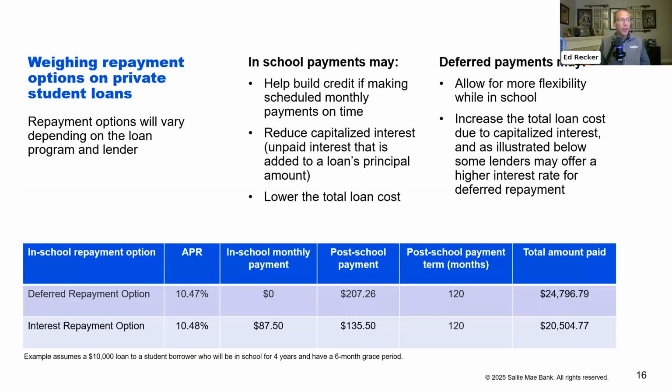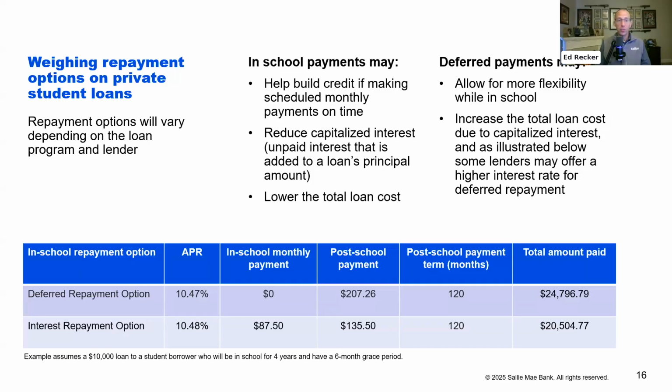When I talked about the different types of repayment plans for private lenders, they're going to vary, but this just really demonstrates how even doing a small monthly payment or an interest-only payment can pay tremendous dividends in terms of the total amount paid back over the life of the loan.